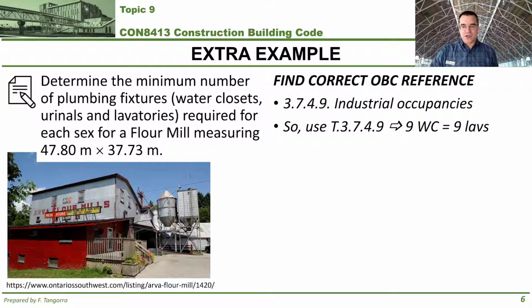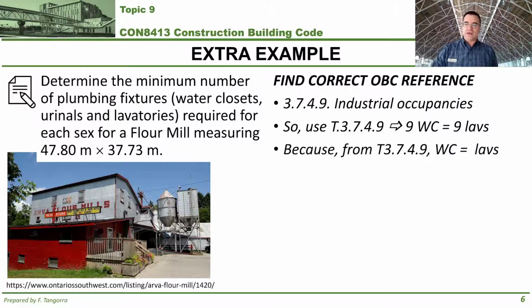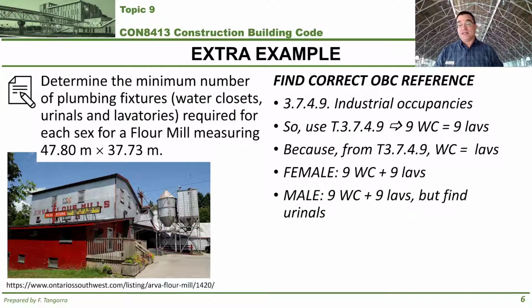We're almost there because we can actually call out how many plumbing fixtures we're going to need for female, right? 9 water closets, 9 lavatories. For males, we're not quite there yet because we have to find how many of those water closets can be converted to urinals.